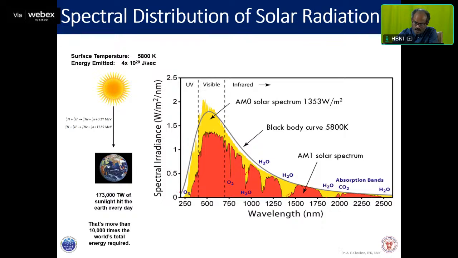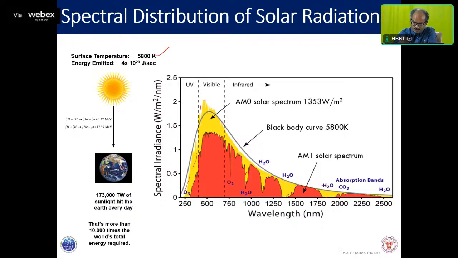So this was the ideal spectrum, which should be when somebody is at 5,800 Kelvin, and this is the actual measured spectrum just when it enters the atmosphere of the Earth.